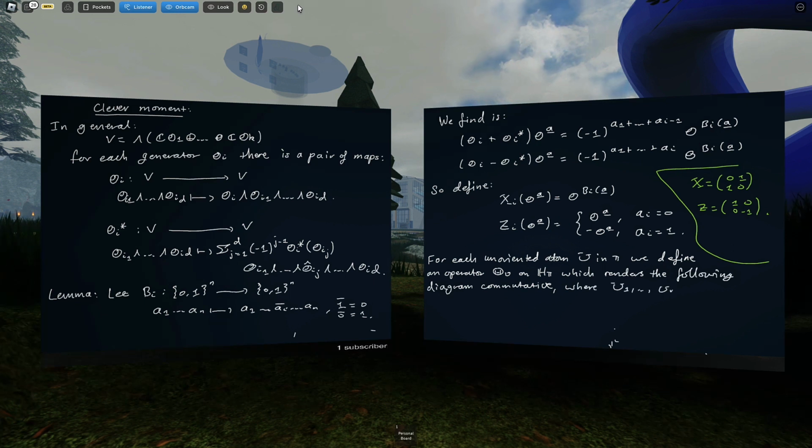Where U1 up to UR are the unoriented atoms of pi.